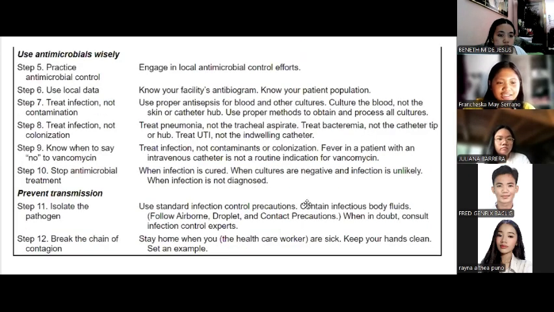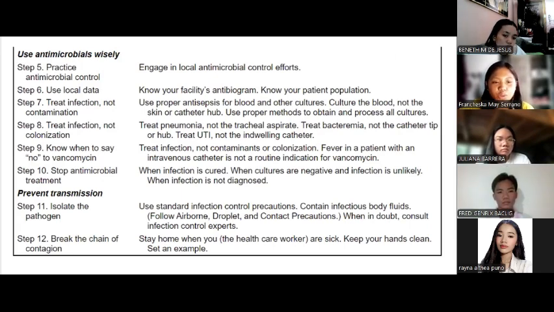Next is use antimicrobials wisely. Step 5, practice antimicrobial control or engage in local antimicrobial control efforts. So I don't know if from the previous discussions, sinabi na na in every antibiotic na prescribe, kailangang i-document.